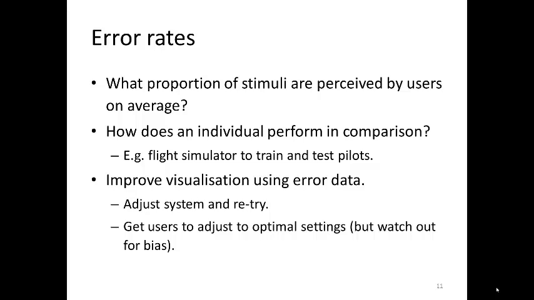For instance, you might want to work out whether individuals perform better or worse than other individuals, or better or worse than ideal observers, or whatever it might be. Are pilots any good at using particular sorts of visualization? So that's a really key example.